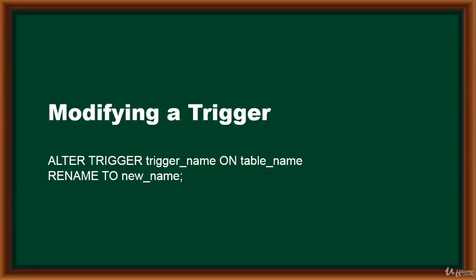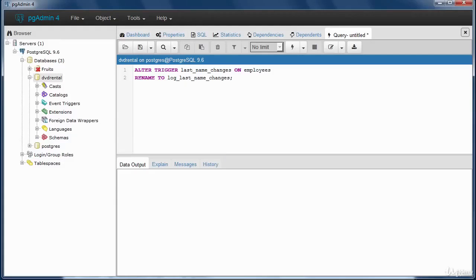So basically the syntax begins with the alter trigger statement, where you specify the name of the trigger associated with a particular table that you want to change. Second, you put the new trigger name in the rename clause. You can see there's a rename clause, so you put the name you want to change the trigger to.